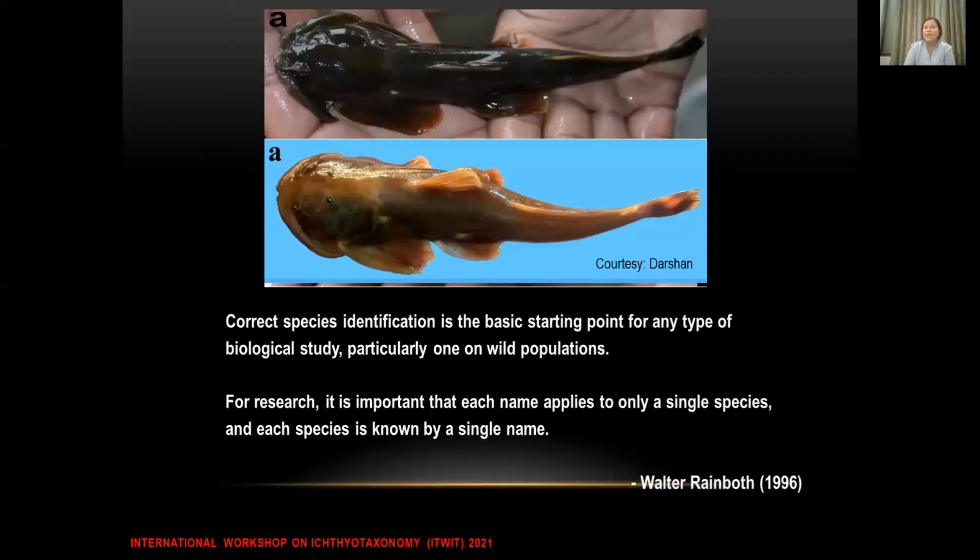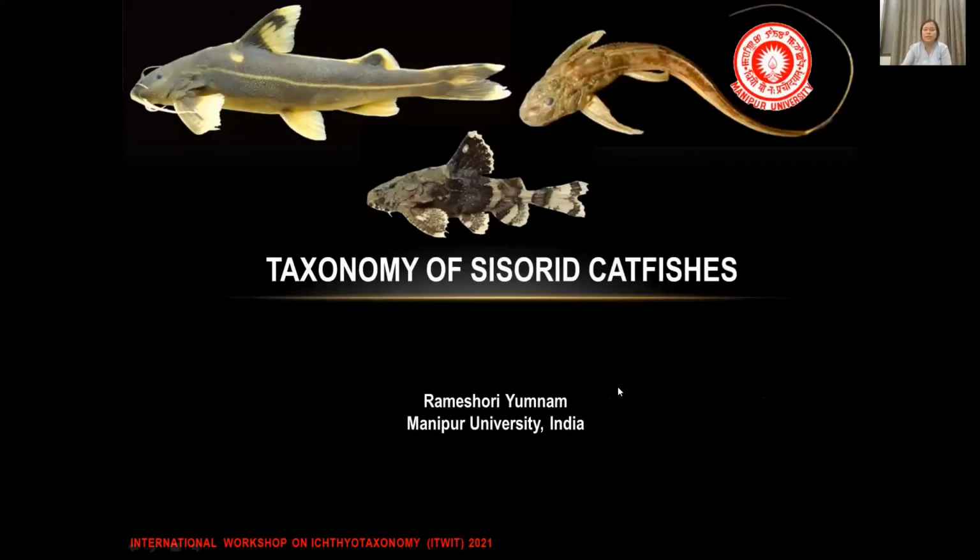Here we can see two Sisorid catfishes. To a newcomer or an amateur ichthyologist, it may be very difficult to identify even to the generic level what this fish is. So here comes the importance of taxonomy.